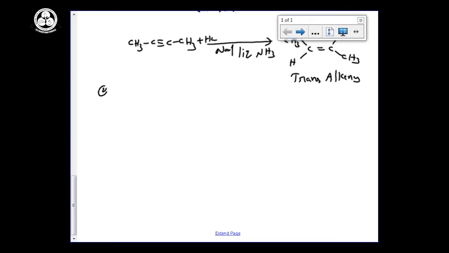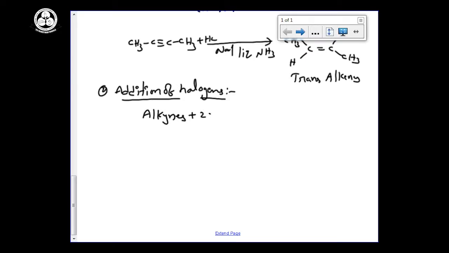Now see the addition of halogen. So the second one is addition of halogens. In alkynes we have to add 2 moles of halogens. Generally I am writing alkynes.